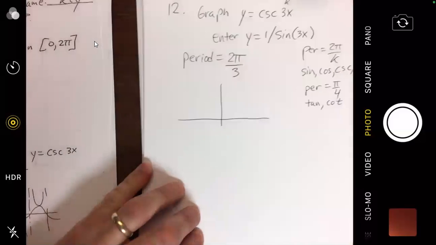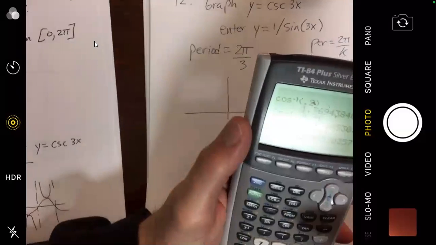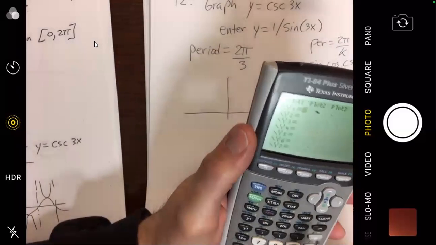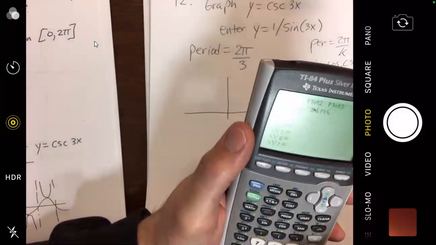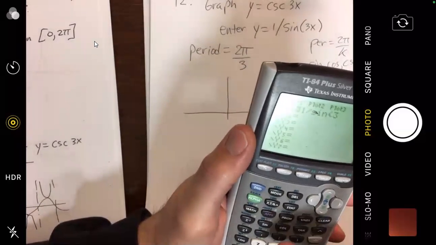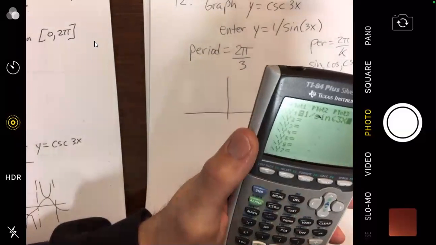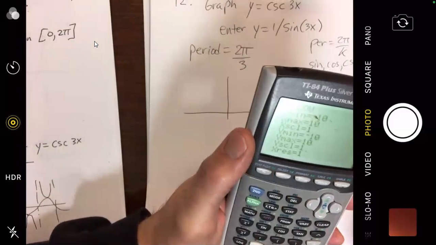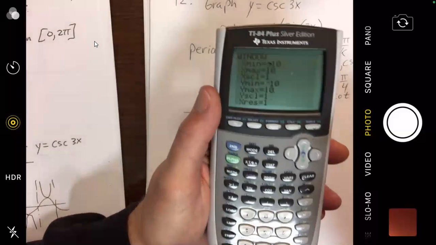Draw a graph of this: 1 divided by sine of 3x. Window, I guess we'll go with that, negative 10 to 10 by 1, negative 10 to 10 by 1.